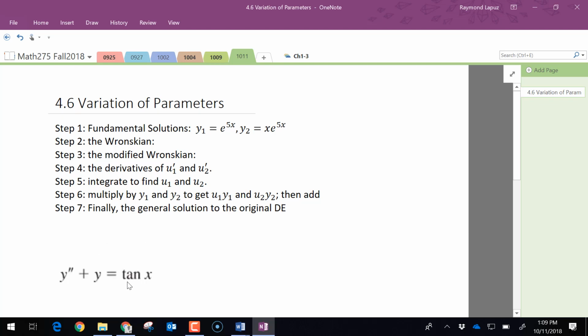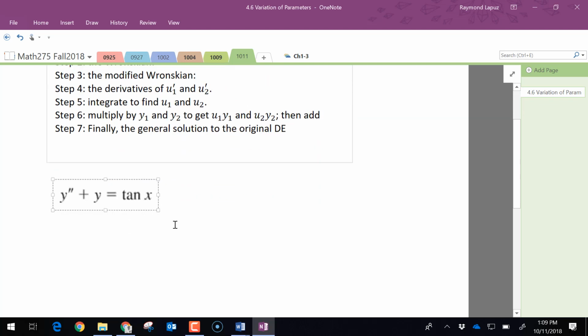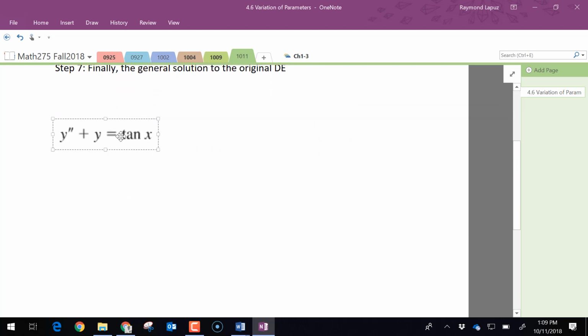Yeah, this is number 2. All right, let's go for it. y double prime plus y is equal to tangent. We'll start off finding the solutions to the homogeneous equation.